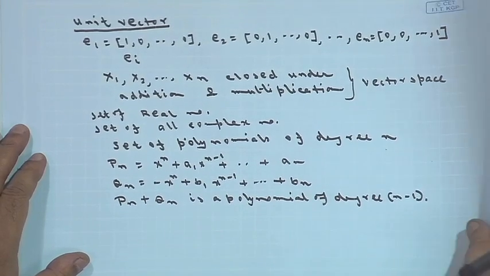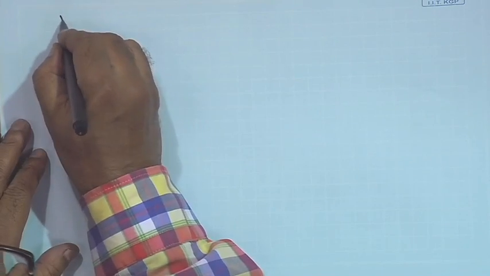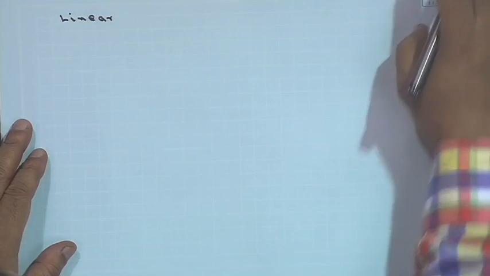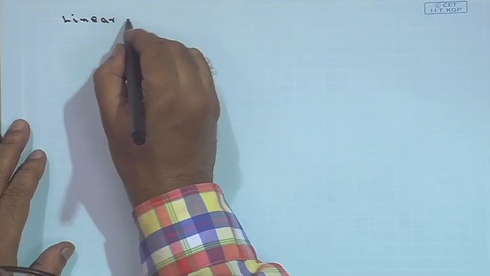Let us go to the next one, that is linear combination, which is very important, as we will be using these parts afterwards.